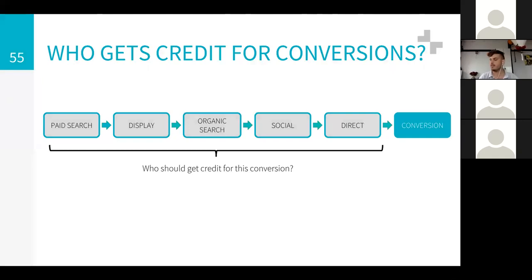So in that example, the same user came five times to my website. The first time, it came through an ad that I had on AdWords. The second time, he was browsing the internet and saw one of my display ads on another website, and he clicked on it and came to my site.